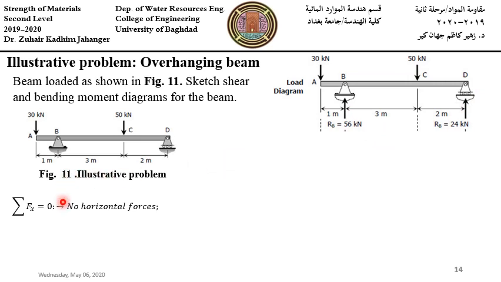Equating to 0 the summation of x, we get no horizontal forces at B, and equating to 0 the moment around D yields reaction at B equals 56. Then equating to 0 the summation of y yields that RD equals 24 upward.